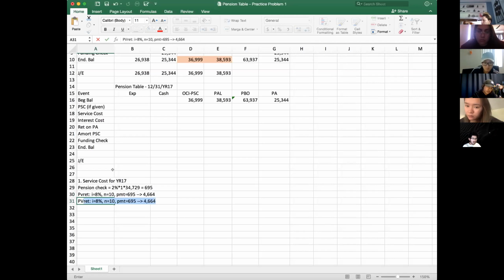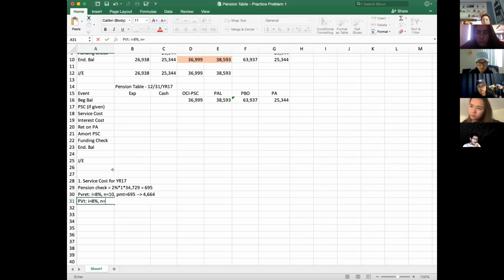Second, present value at time t, I equals 8%. Now, n equals what? Thank you, Stephanie. This time, we are discounting 4664 at December 31, 18 back to when? December 31, 17.